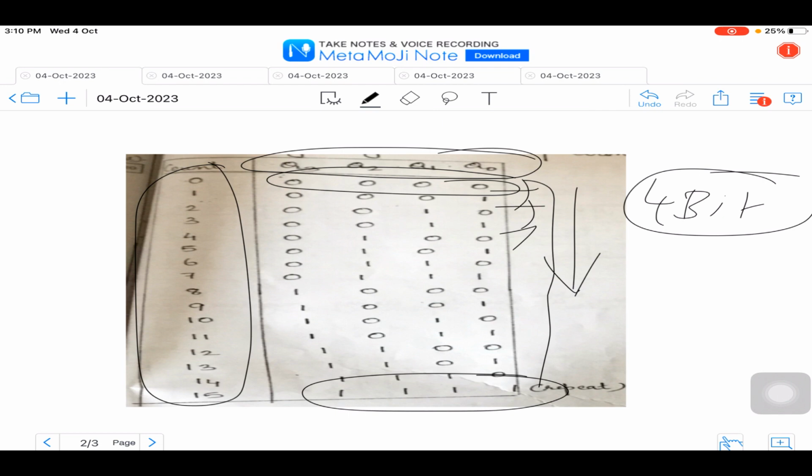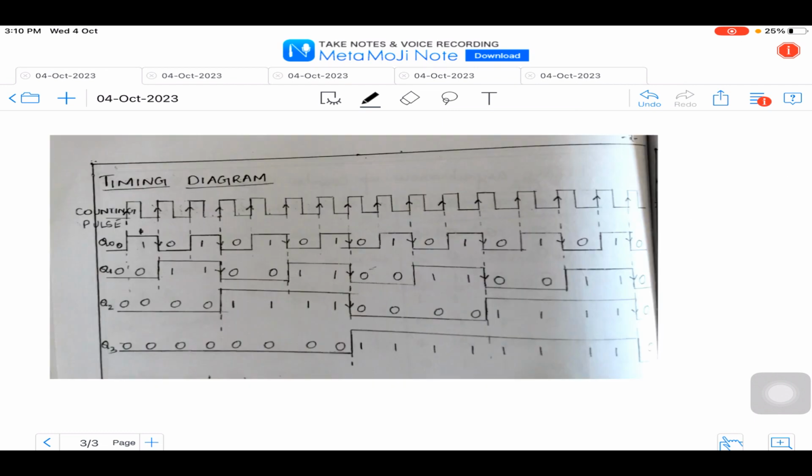Now let us see exactly how the 4-bit asynchronous up counter is working. Let us give a clock pulse. As you can see here, the clock pulse is applied.